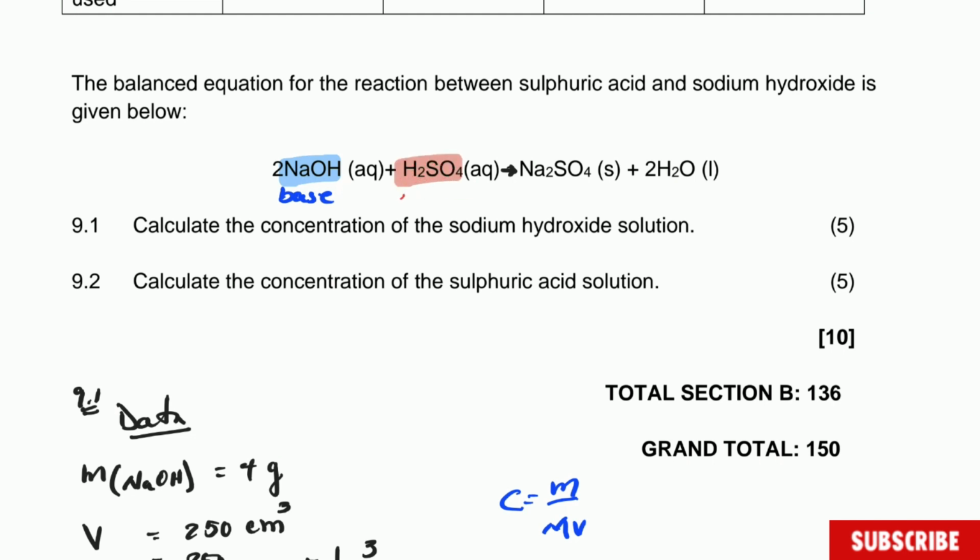It goes like this. This is the acid. And you should watch some of the videos to know the acid-base conjugate pair, but in this case, the sodium sulfate here will be the conjugate base.